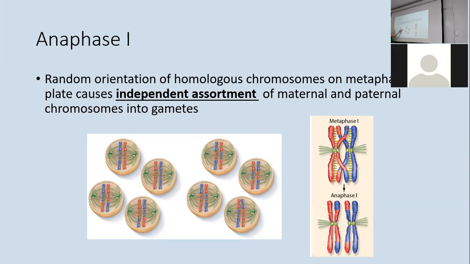Or I could do some mix. This one gets paternal 1 and 3 and maternal 2, and this one gets paternal 2 and maternal 1 and 3. So each new cell gets either a maternal or paternal copy. Which one it gets is random. That is independent assortment.